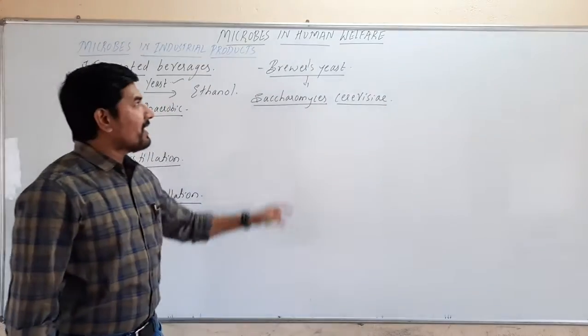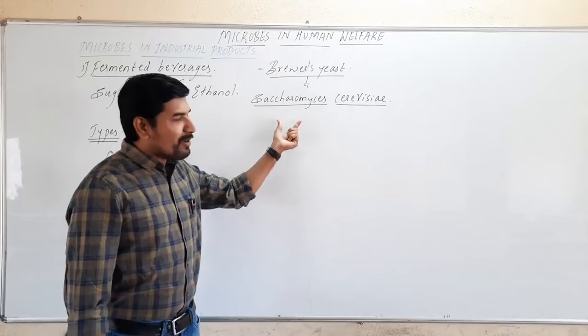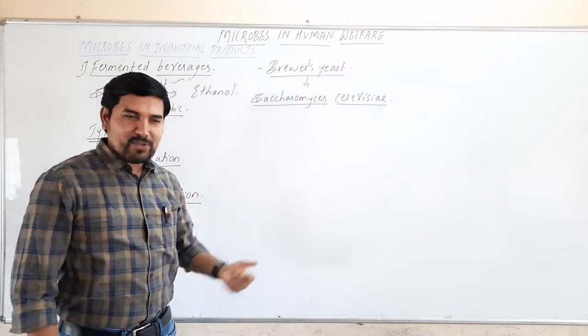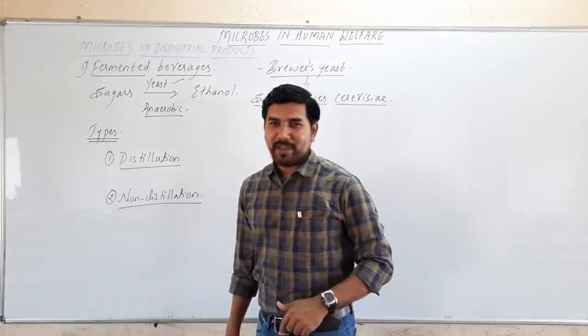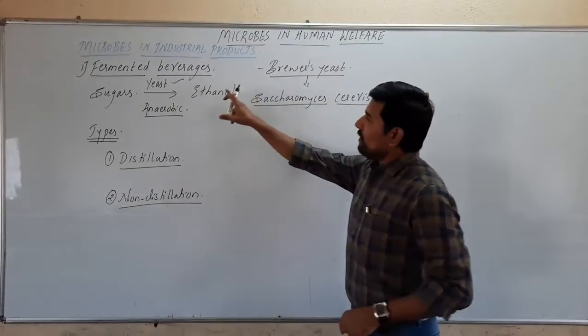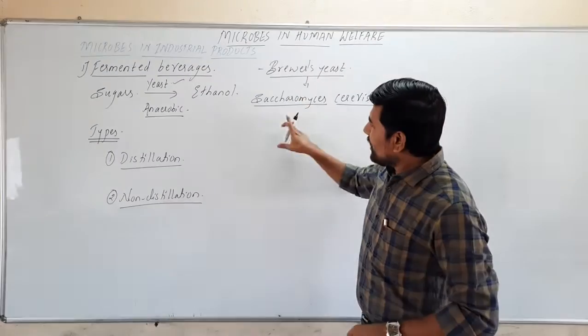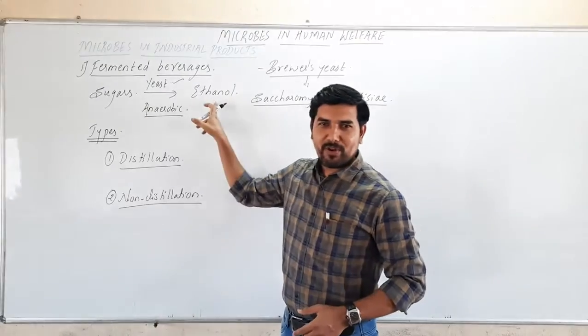Now remember, in this chapter we are mainly concentrating on the microbes from which certain products are produced. So the name of the microbe is more important here. Now, for fermented beverages, brewer's yeast is used, and its name is Saccharomyces cerevisiae. The same yeast is used for the formation of ethanol.